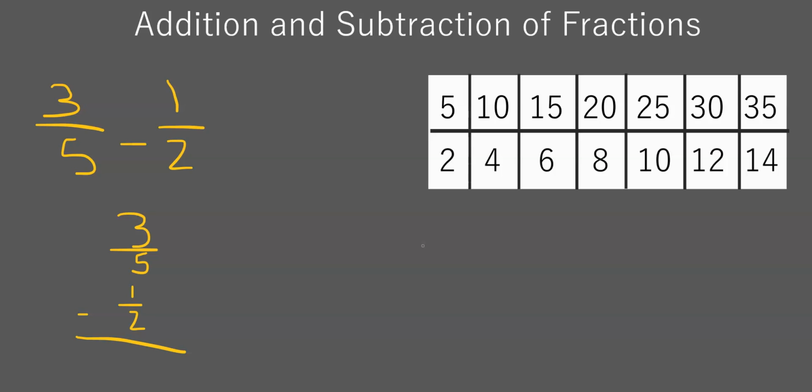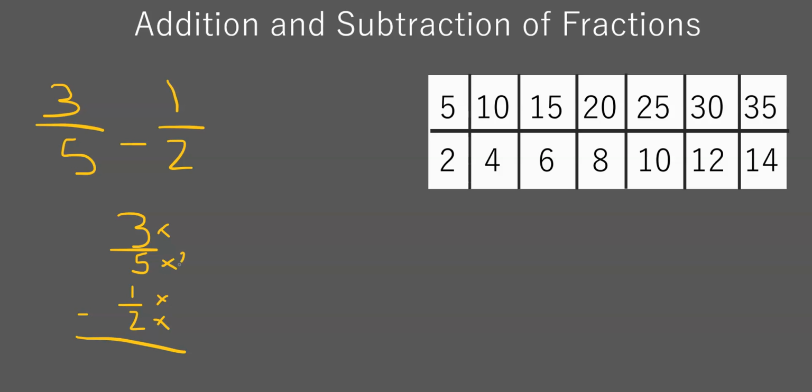For 2, we have 2, 4, 6, 8, 10, 12, and 14. And we can see that our lowest common multiple is 10, so that's going to be our lowest common denominator.